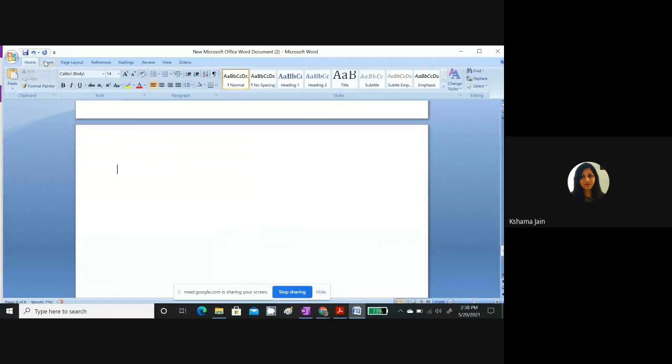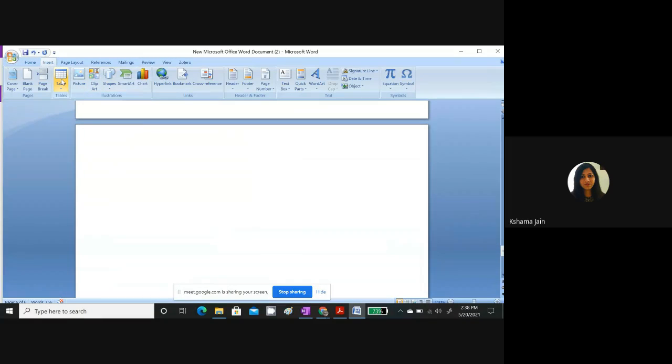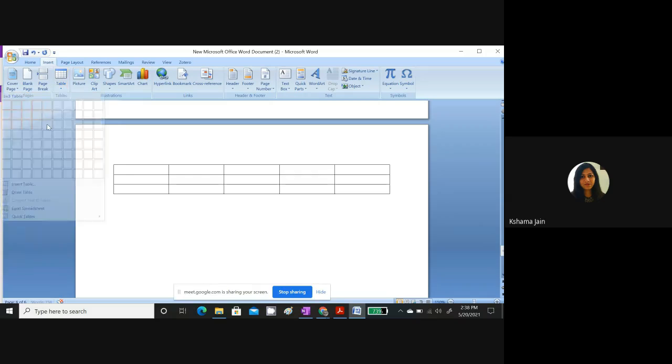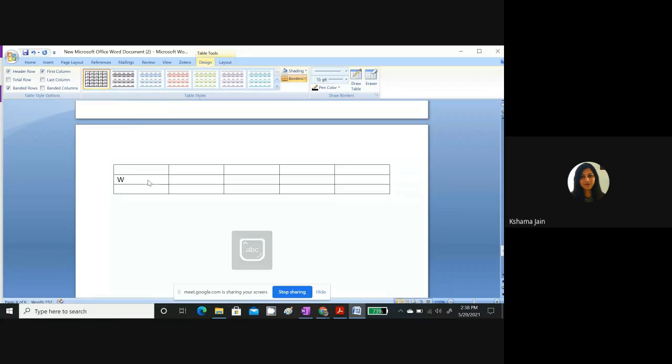Here we will insert a table. Table of 4 I require. Here it's wheat, down it's barley. Here it is cost, here it is profit, net profit.